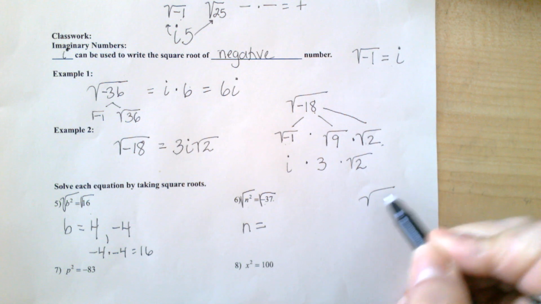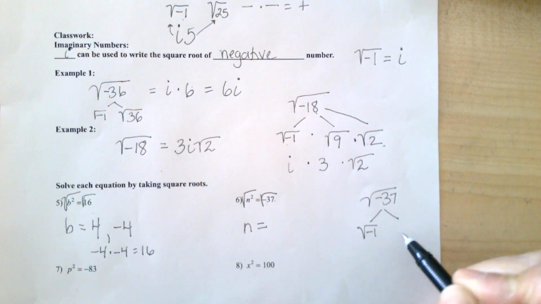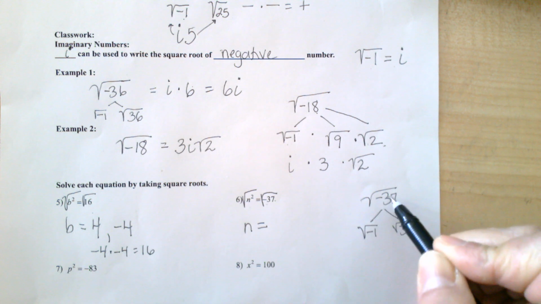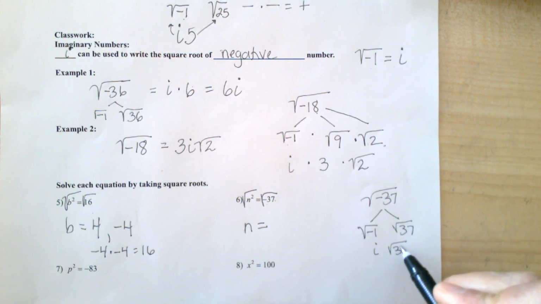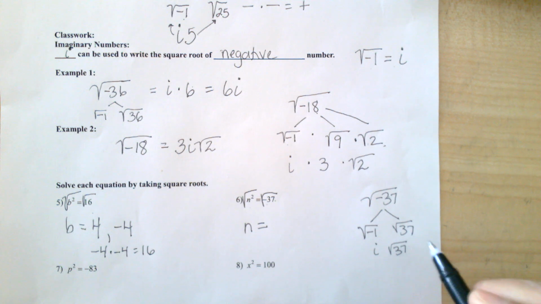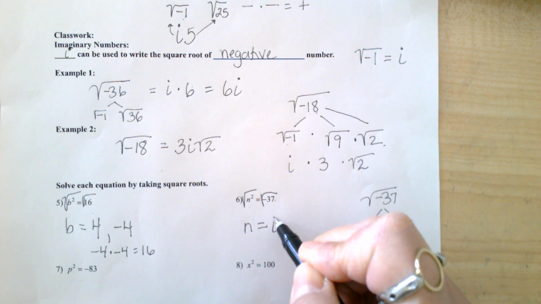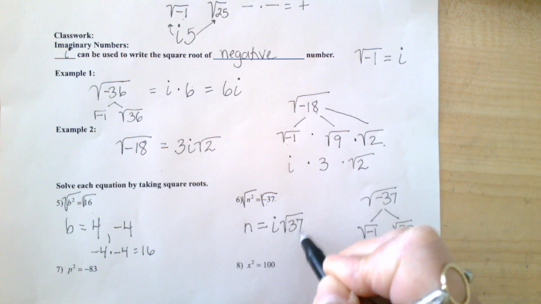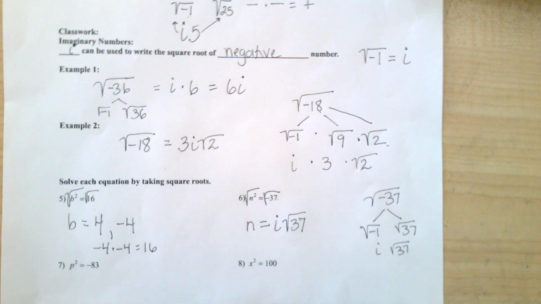So I am going to break it down because I can take out that -1, and -1 times 37 gets me back to -37. This becomes i. I cannot reduce that any further. No perfect square divides into that evenly. So I'm going to get i times the square root of 37. And remember, we usually write the square root on the right side of the i.